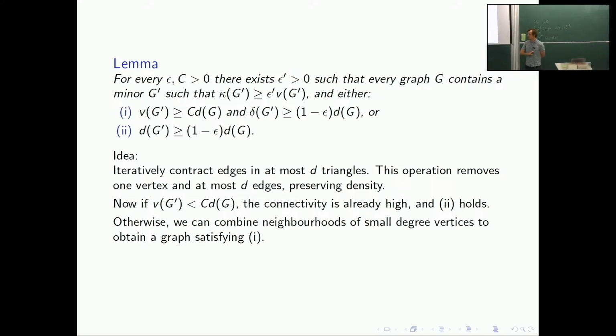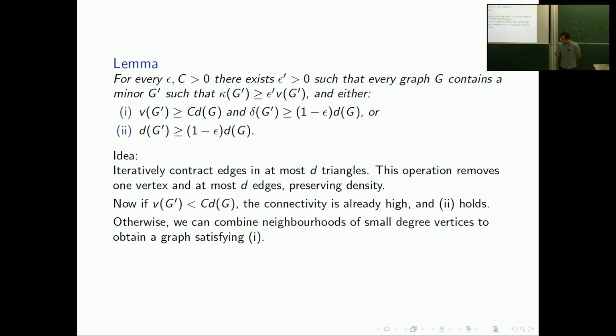So we can do this as many times as we like, and we will still have a graph with at least the same density as before. And at the end of this process, we will have a graph where every edge is in at least D triangles, which is quite nice, because that graph has minimum degree at least D as well.